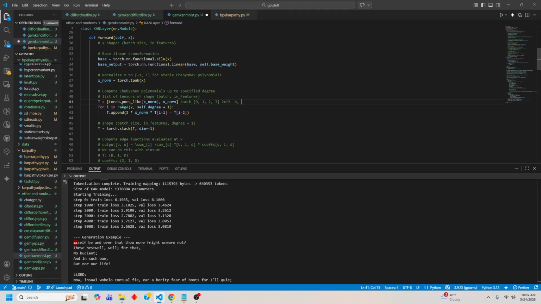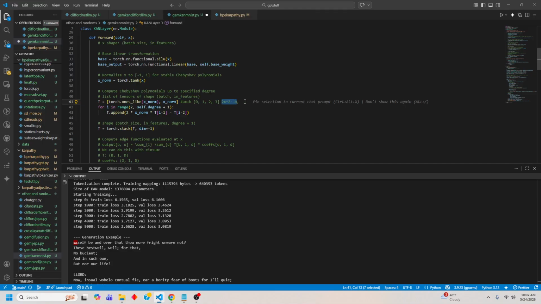And then the next time through the loop, all the way up to degrees plus 1, this all goes in the 2 spot, because that's the polynomial degree 2, and we'll go to degree 3, which would be 2 times x norm times t i minus 1. T i minus 1 would be this spot.